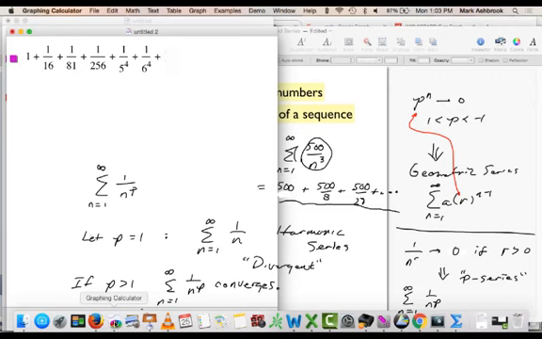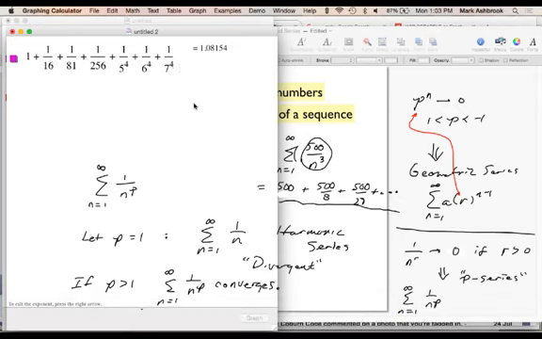The individual terms are getting really close to 0 because they're getting big fast. And so eventually these decimal places are going to get locked in. It looks like the 8 is locked right now, right? So we know it's 1.08 something. Eventually that place is going to get locked, and it won't be influenced anymore by the terms that we keep adding. So it's how many decimal places do you want?